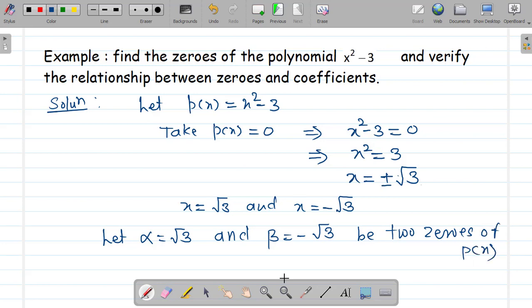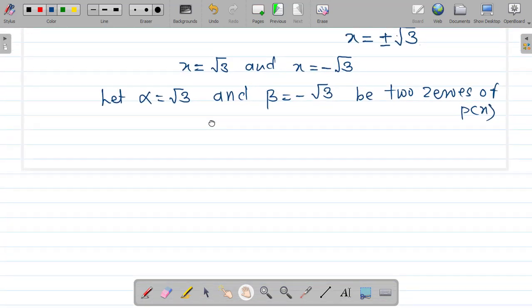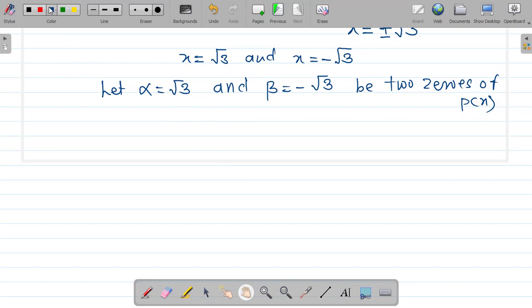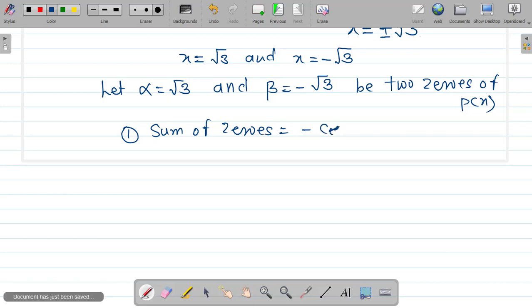Now what is the relationship here? The first relationship is the sum of zeros. What is the first relationship? Sum of zeros is equal to minus coefficient of x upon coefficient of x square.